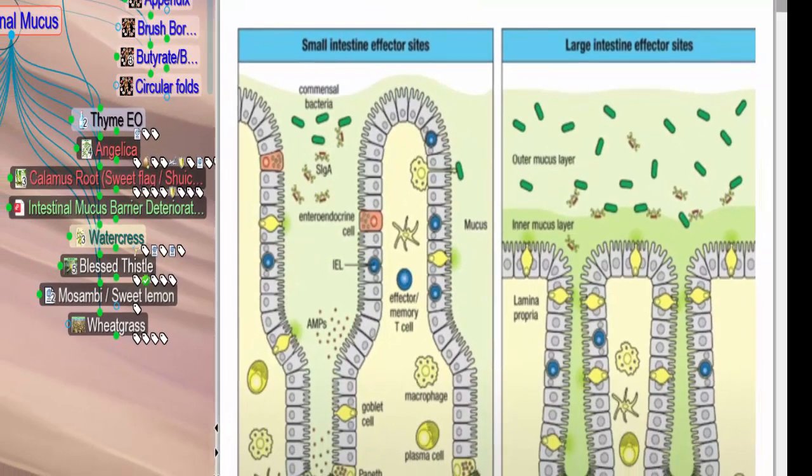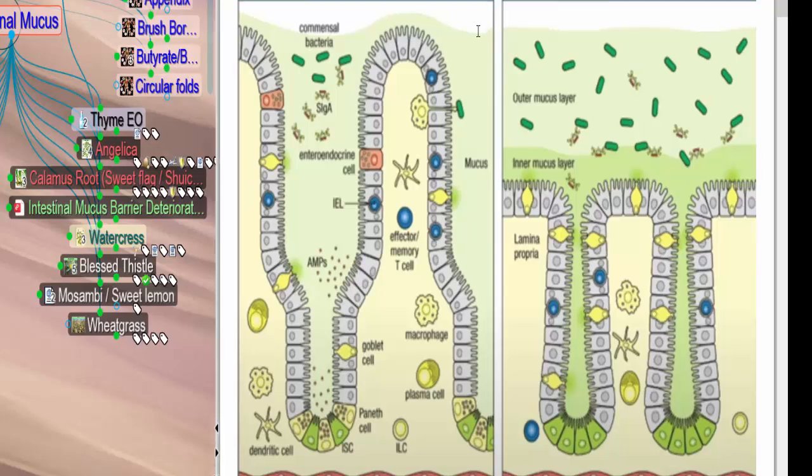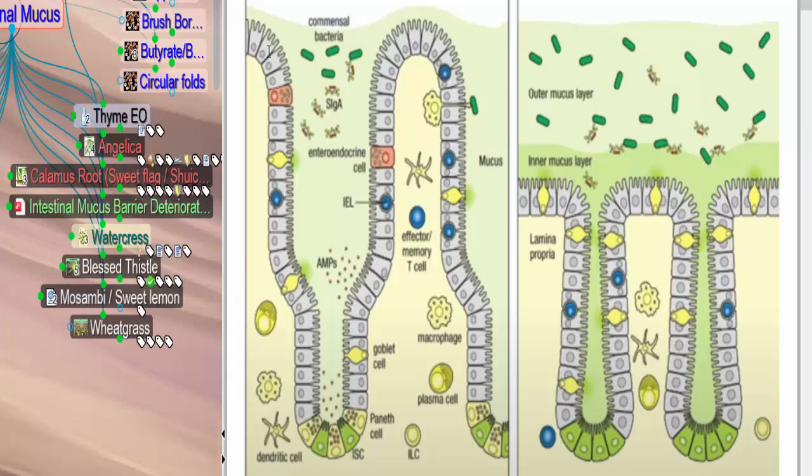And we have a closer view of this. So the small intestine effector sites. Effector just means those are usually immune cells, but any cells that have an effect on something else. So again, you see all of these epithelial cells here in the small intestine. There's the crypt, there's the lamina propria, and this green color shows mucus.